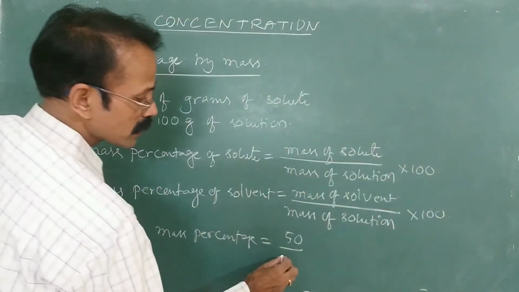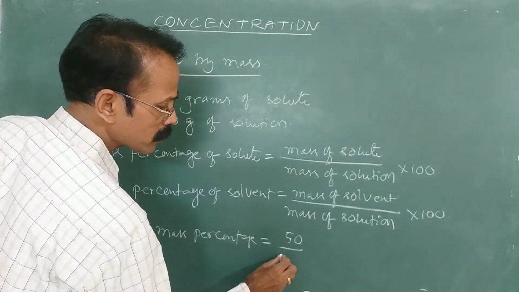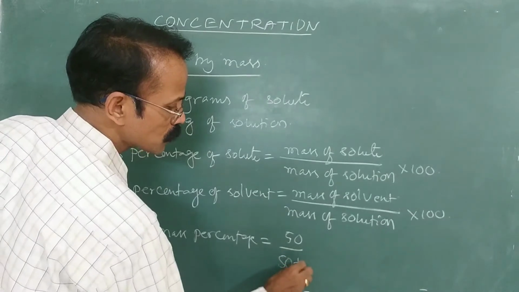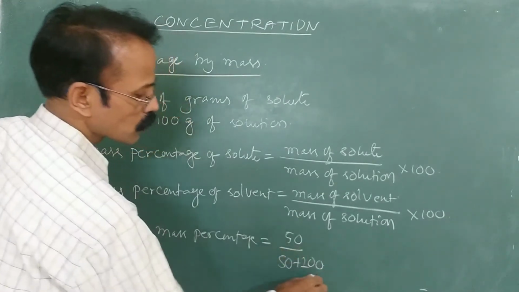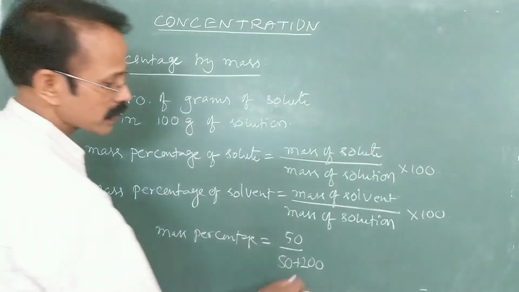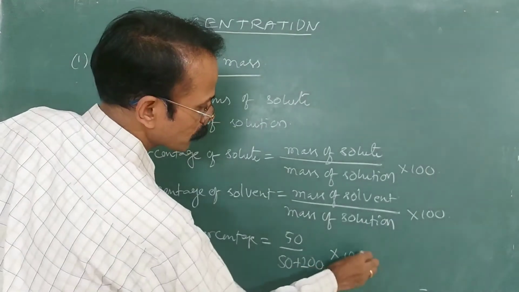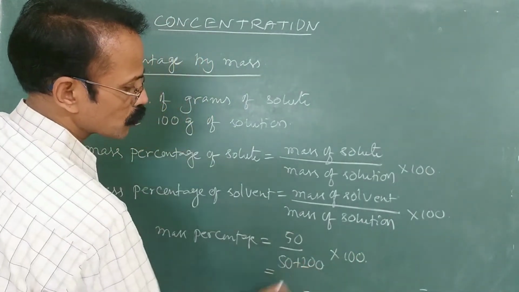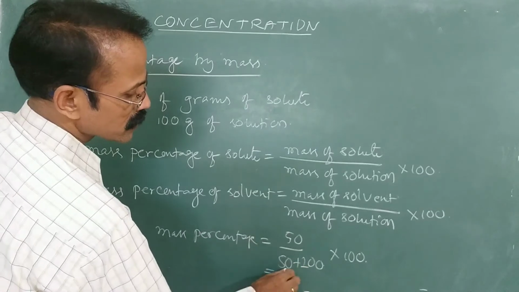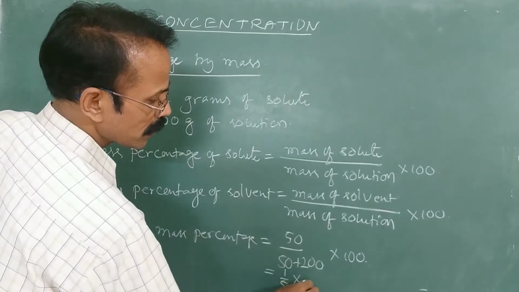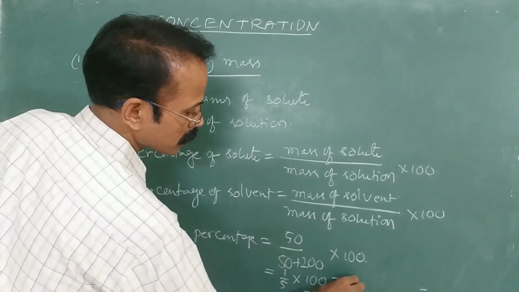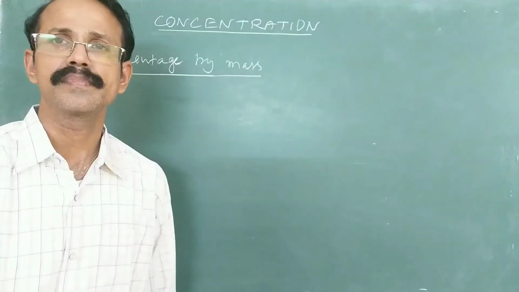Now 50 grams are dissolved in 200 grams, so 50 plus 200, the total mass of the solution becomes 250 grams, into 100. So 50 by 250, which is 1 by 5 into 100, becomes 20%.